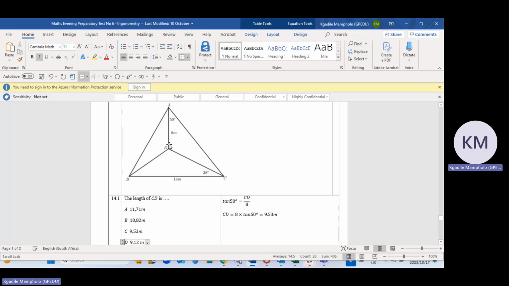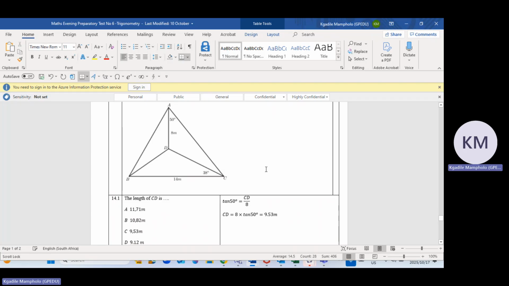We are told that AD is the vertical tower and B, D, and C are on the same horizontal plane. If it's 90 degrees, then we use triangle ADC.